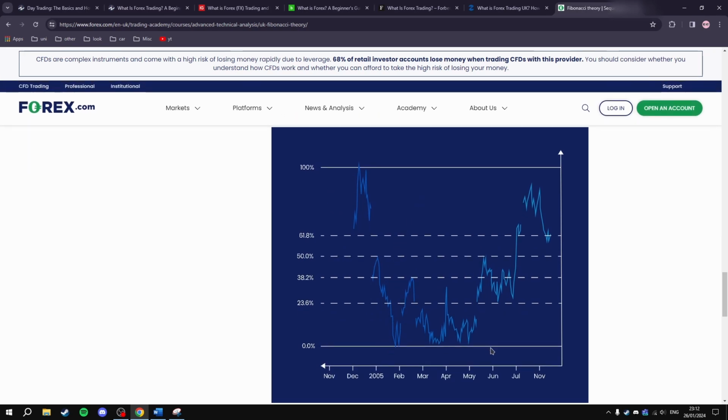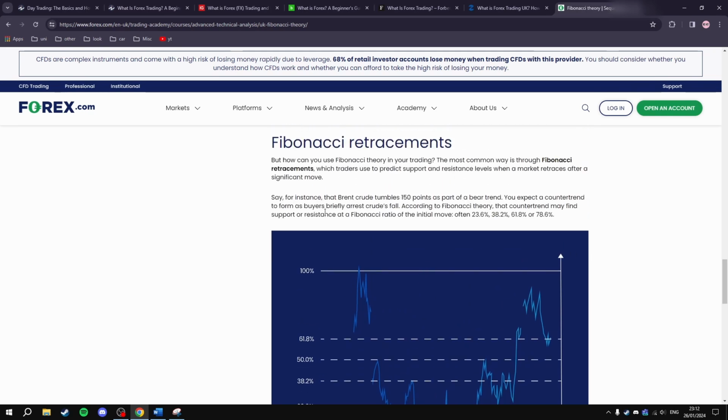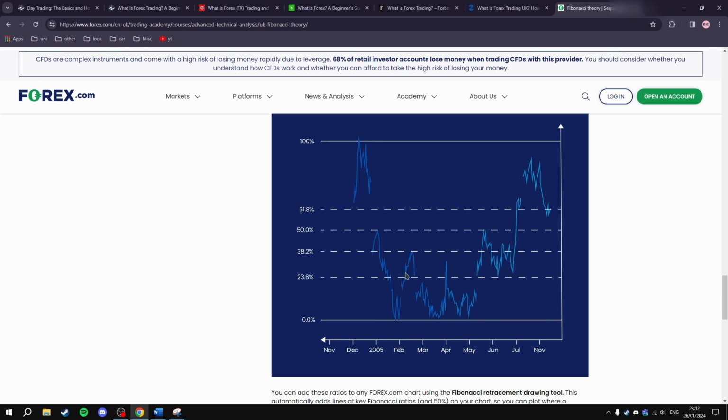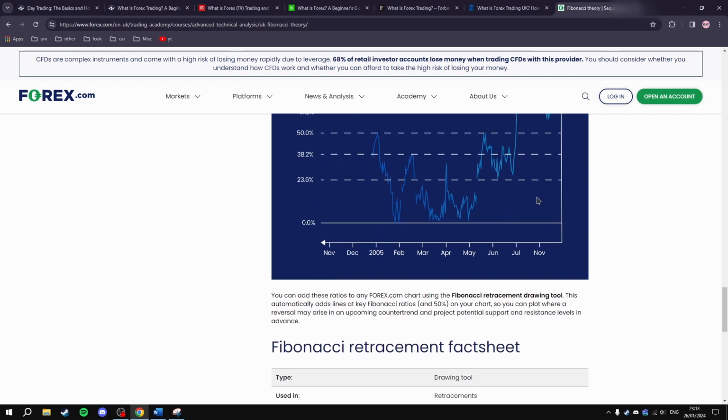So 0% here, 23.6% here. You may find resistance here, and it also becomes support here. That's a support here, resistance here, and then resistance here, support here, I guess.